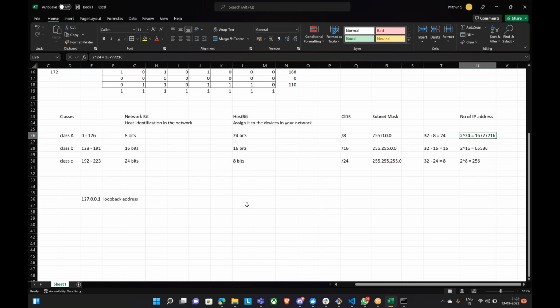We divide it as per our requirement, according to how much space we need. So while they were facing these restrictions, they came up with the concept of CIDR, that is classless inter-domain routing.